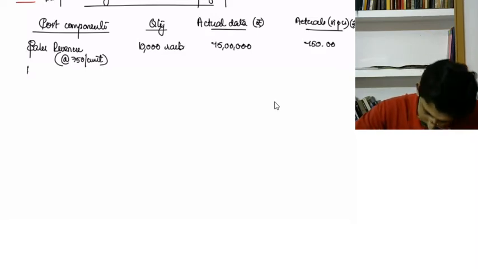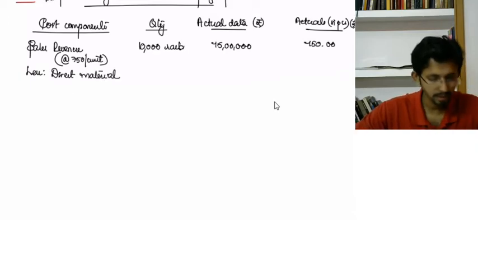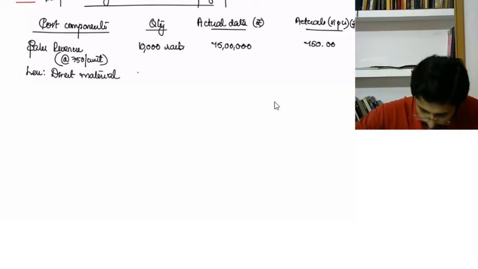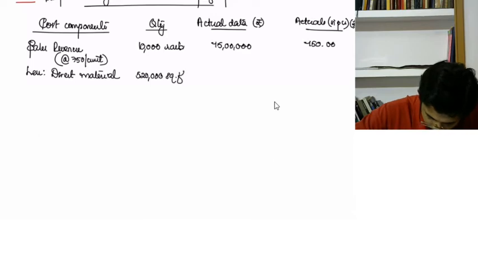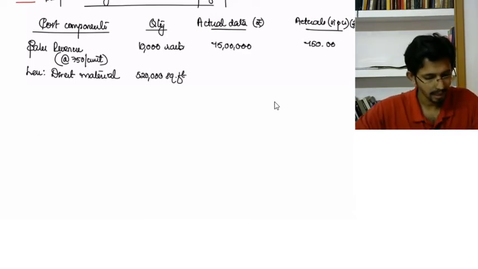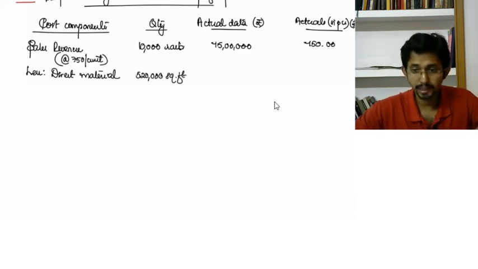Okay, now less direct material. What is the cost they are seeing? It is 5,20,000 square feet, and the actual cost is given to be 20 lakhs.